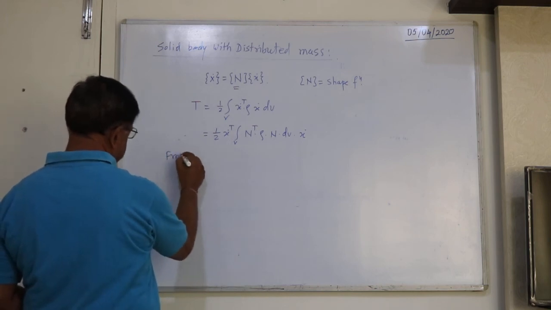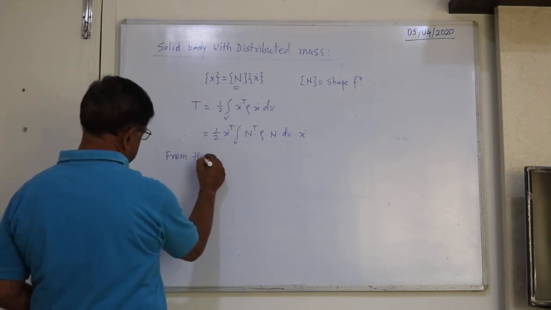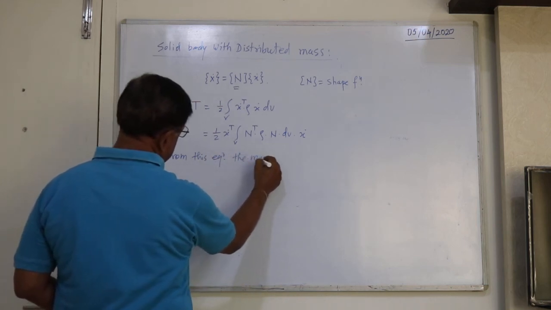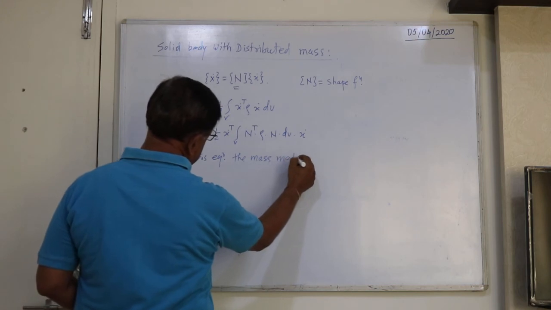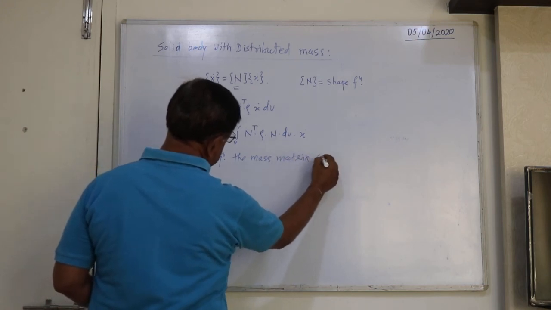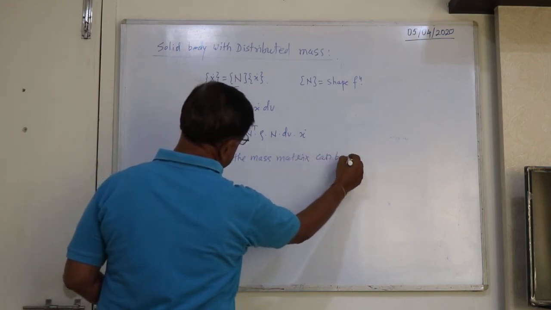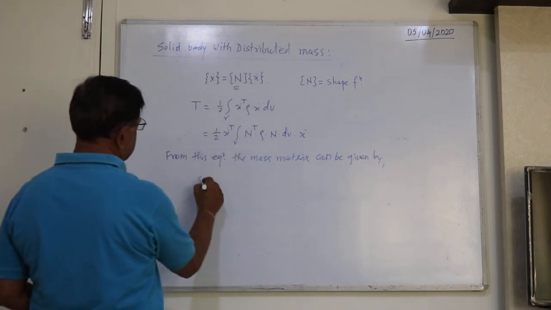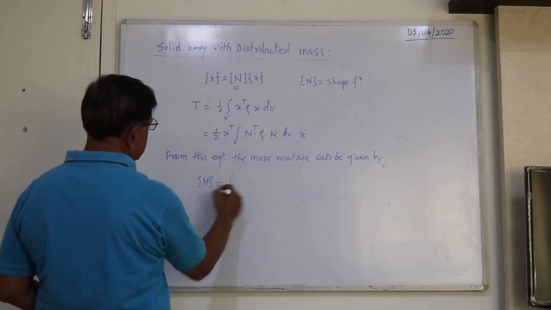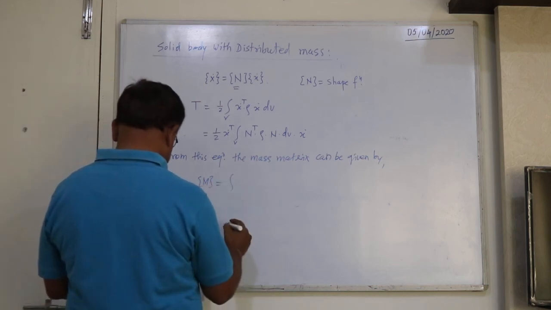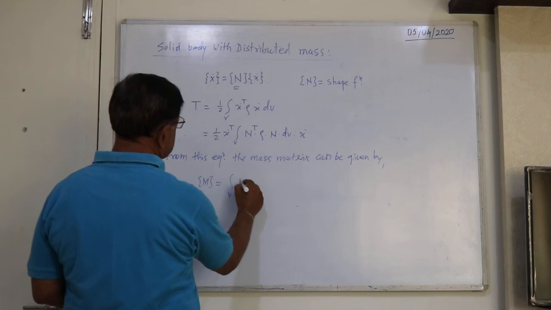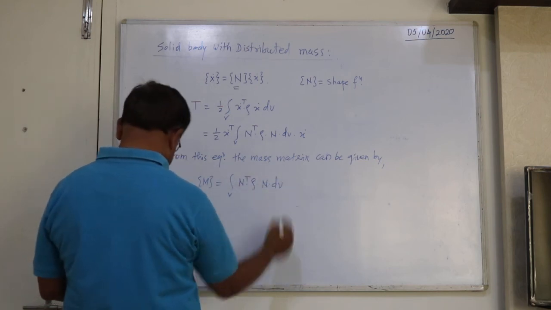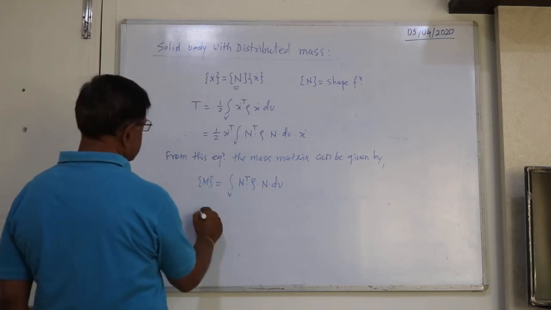From this, the mass matrix can be given by M equal to integration over the entire volume of N transpose rho N dV, or we can write this in matrix form.